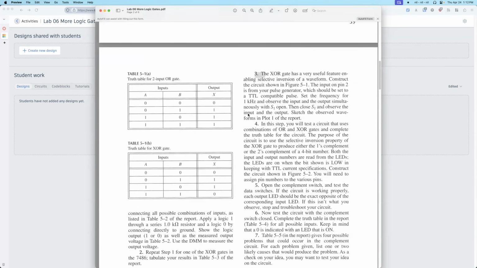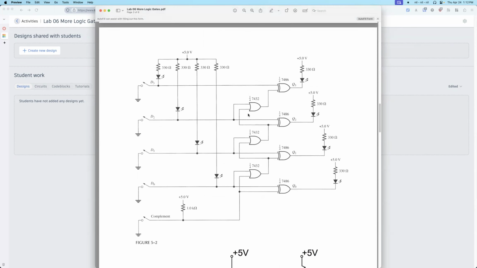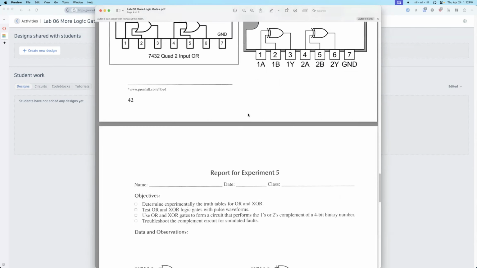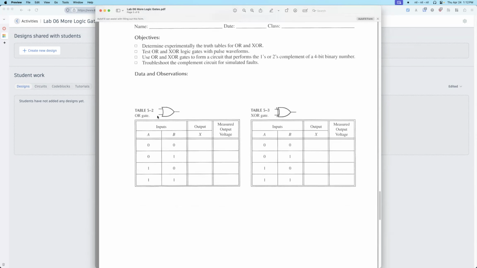Okay, so for the first one, just go to this page. Step one, you need to find the OR gate truth table. Two inputs, 0 0, 0 1, 1 0, 1 1, then find the output and also the voltage.